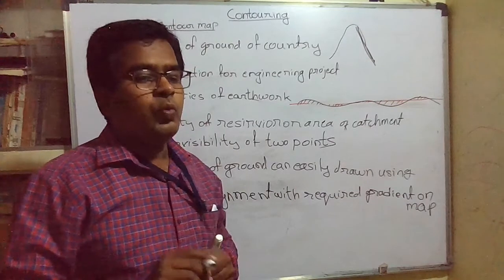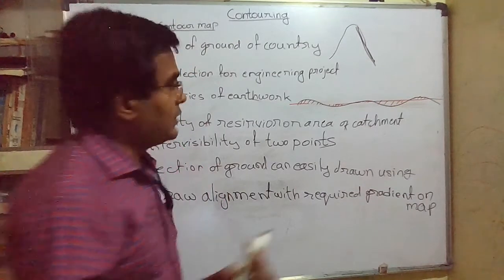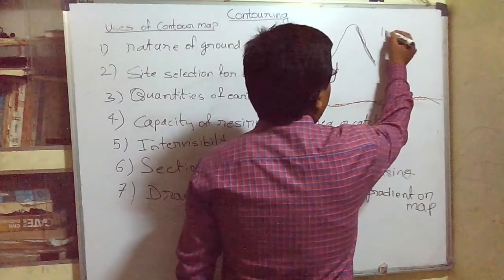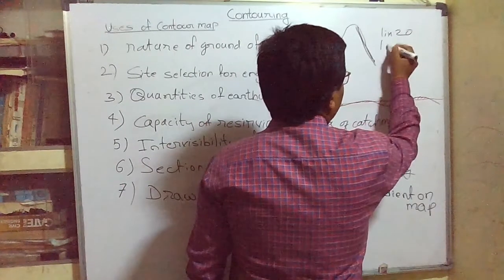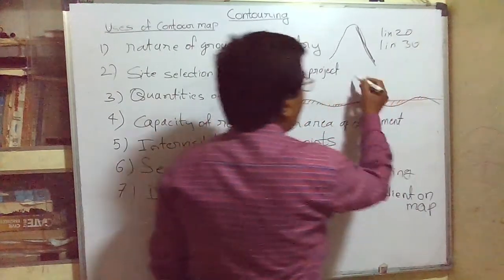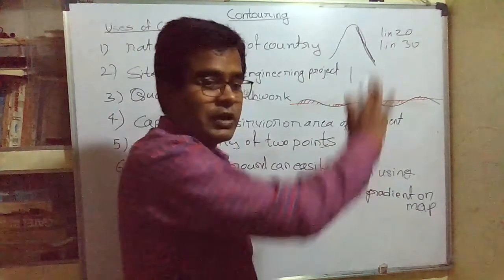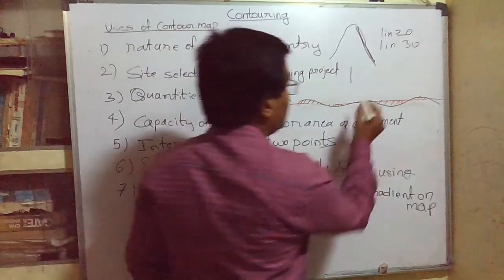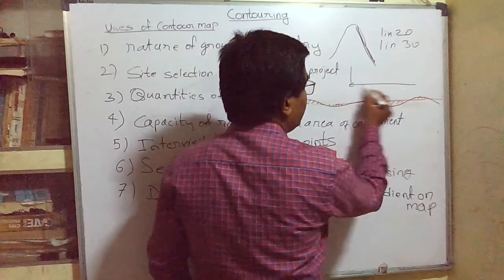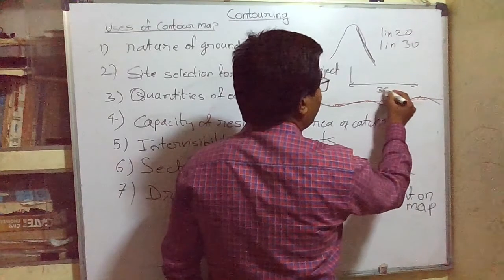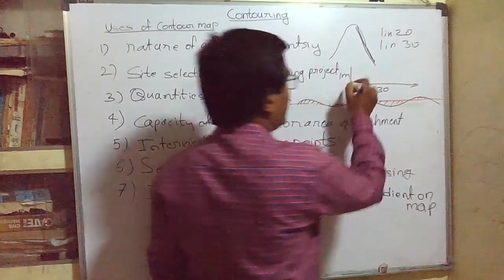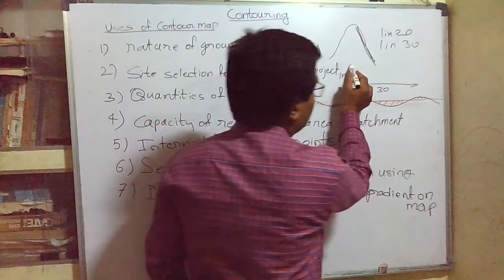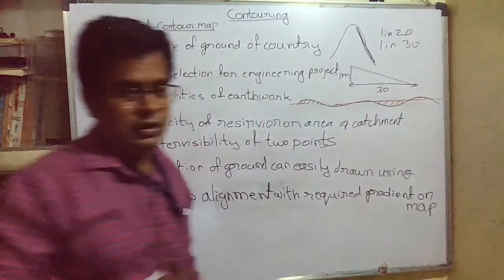We will decide some gradient. Suppose that gradient may be 1 in 20 or 1 in 30. A gradient of 1 in 30 means that if we go 30 meters horizontally, we can go 1 meter vertically.